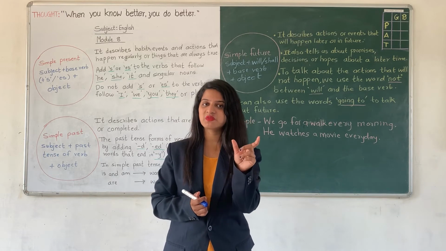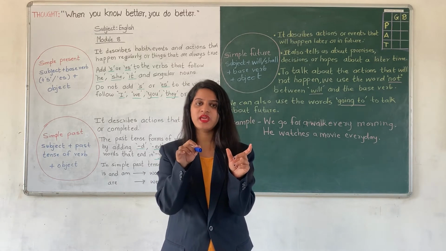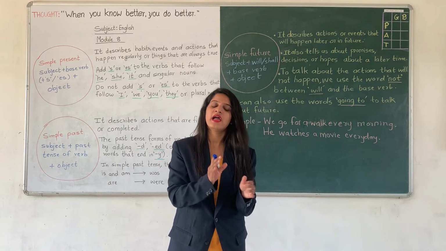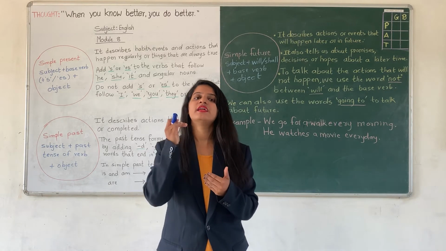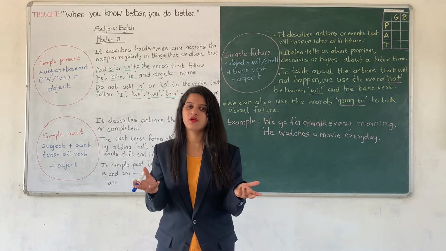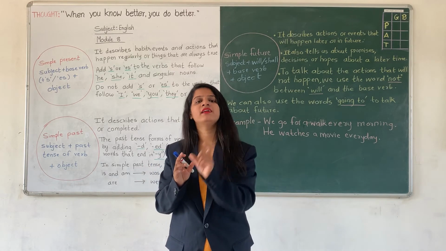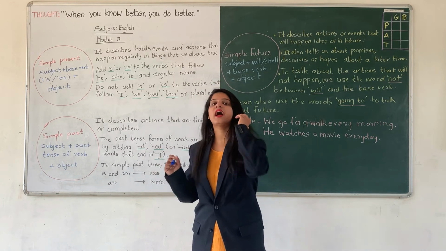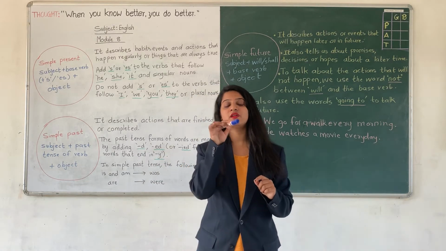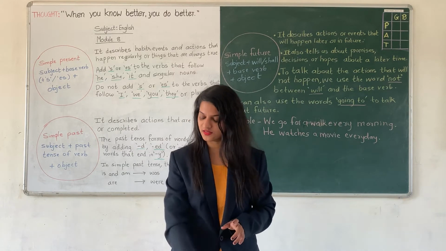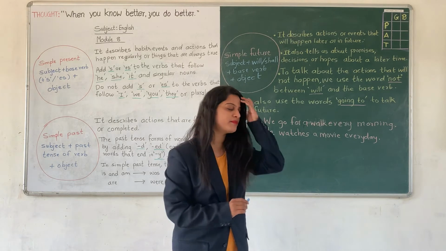Okay, if the base verb ends with e, that time we add d. Alright, and if it ends with any other consonant, that time we add ed. Alright, and when do we add ied? We add ied when the word ends with the letter y. But it is not in all the cases. Okay, I'll give you an example.